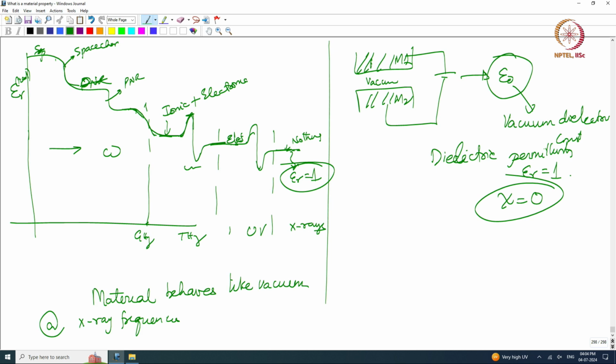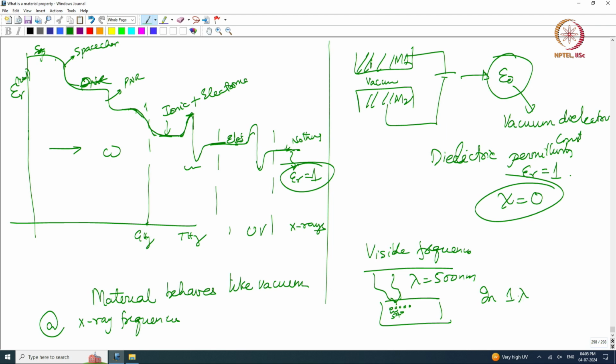And so now when X-rays impinge on your material, compare that with visible frequencies, right. When I shine light into my material, the lambda of light is about 500 nanometers and the atomic sizes are still angstrom sizes. So this is 5 angstroms. So in 1 lambda I have about 500 nanometers divided by 0.5 nanometers, that is about 1000 atoms, right.